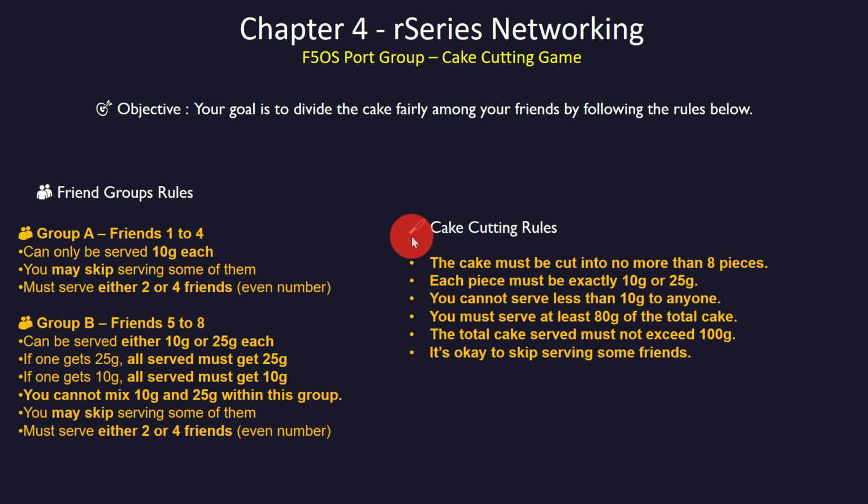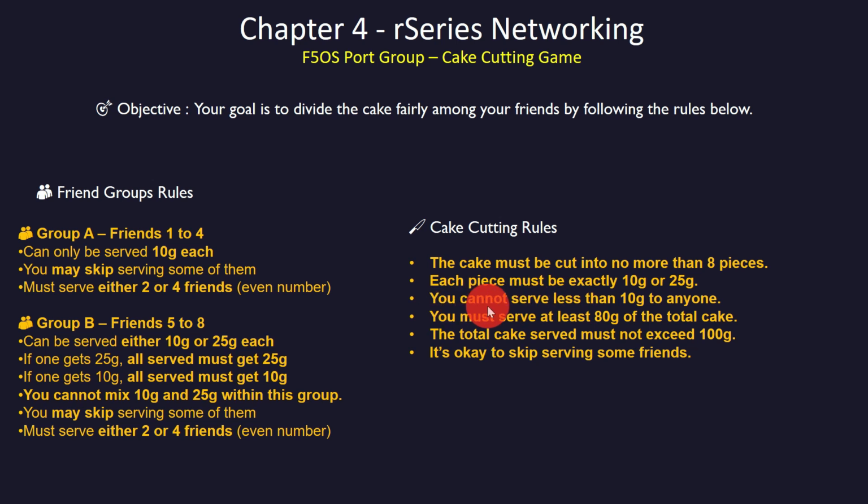The second part is cake cutting rules. The cake must be cut into no more than 8 pieces. Each piece must be exactly one of the two sizes, either 10 gram or 25 gram.